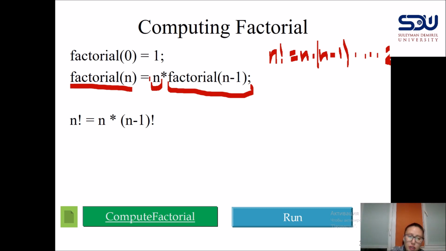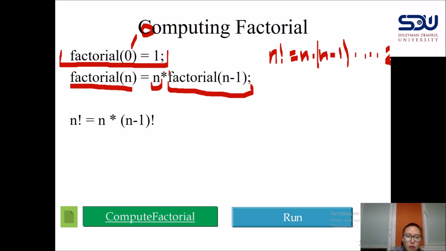For example, f at n is equal to n times factorial of n minus 1. Also, one more thing we must know about factorials is that factorial 0 is equal to 1, not 0, because if it were 0, then every factorial would be equal to 0.